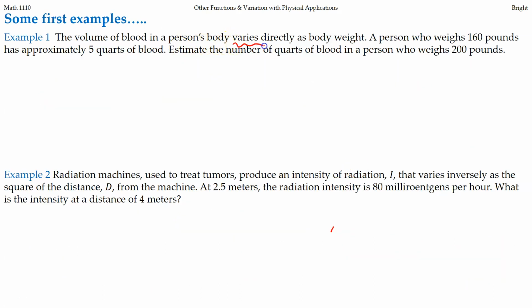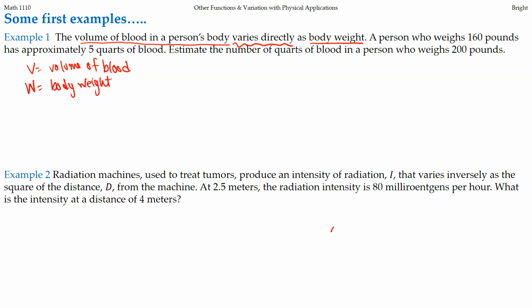So here's varies directly as, okay, so volume of blood in a person's body. So that's going to be a quantity. And here's the other quantity, body weight. So I need to define these. I'm going to say V is equal to volume of blood, and then W is equal to body weight.